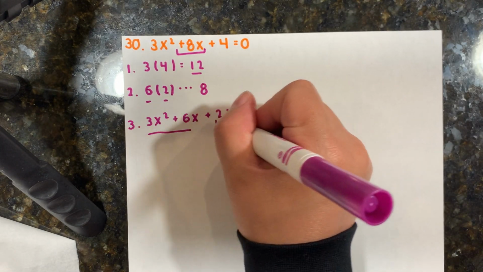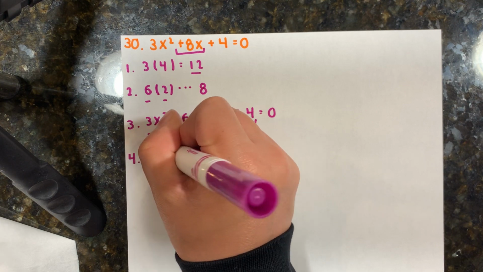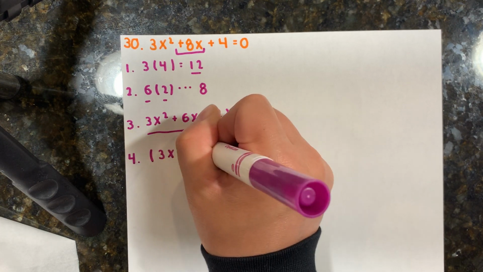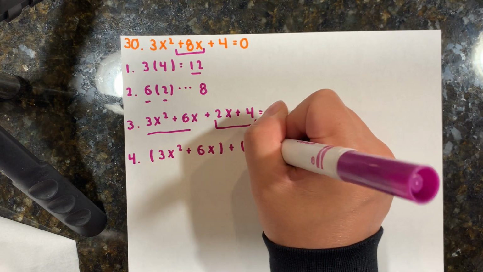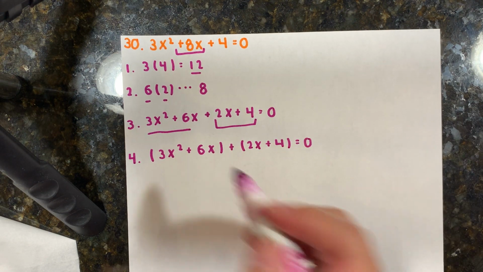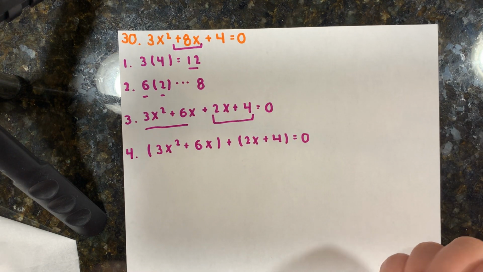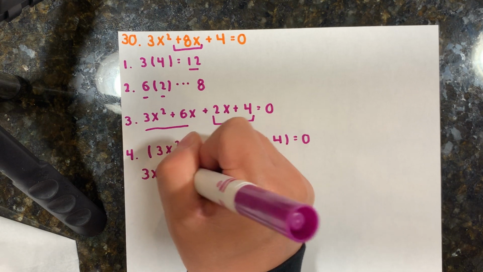First two terms, second two terms into parentheses. So 3x squared plus 6x plus 2x plus 4. You can factor out a 3 and an x from the first parenthesis, leaving me with x plus 2.